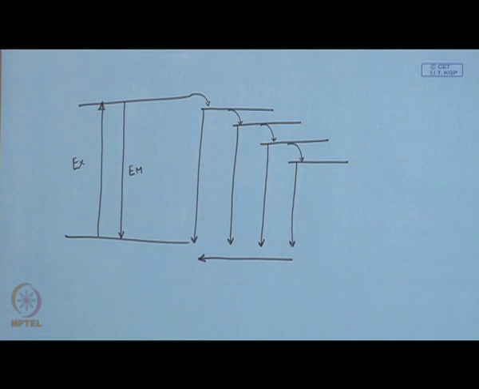So, if you take the emission spectra as a function of time, then surely you expect a red shift in the emission spectra. So, what do you expect?